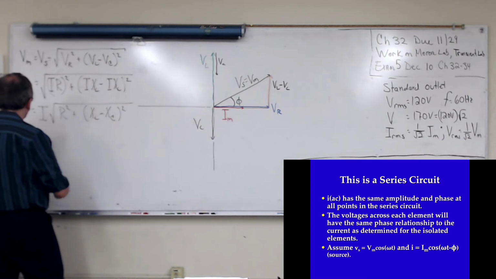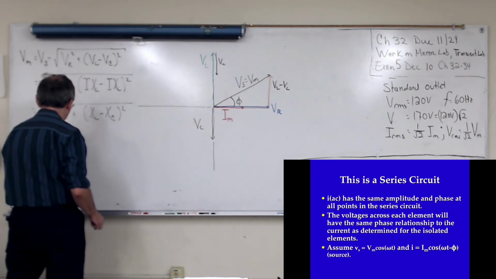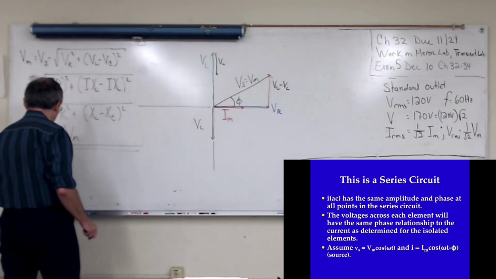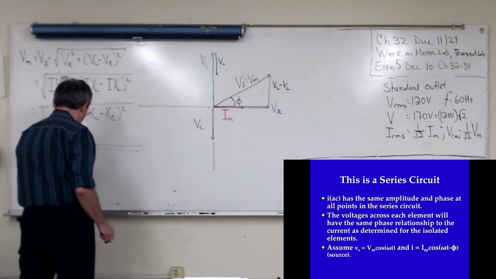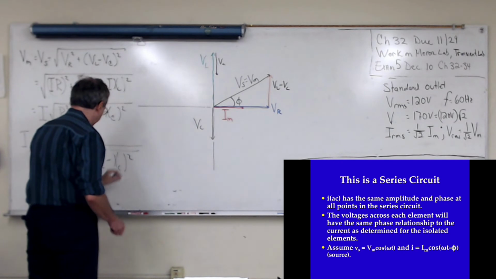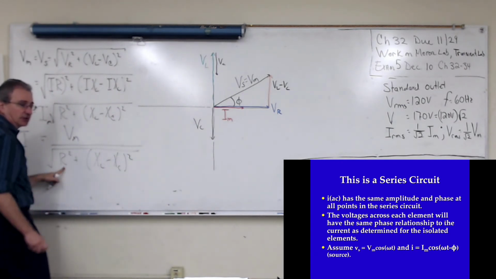Okay, so then I max is the power supply voltage maximum over this, which is called the total reactance for the circuit, and then this is just the resistance.